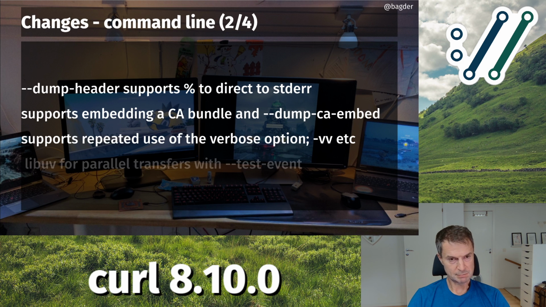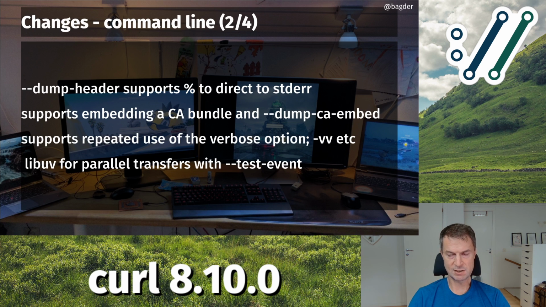verbosity in the output. Another fun thing for us curl developers is that if you build a debug version of curl, you already had this --test-event option. Basically, it makes your curl command line tool use the event-based API internally, which is a way for us to verify the event-based API, because that's not normally used when you build a normal curl.